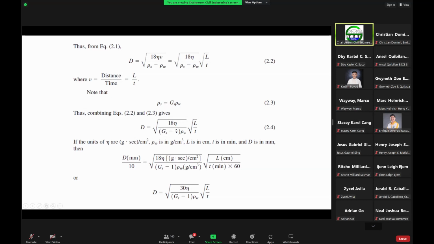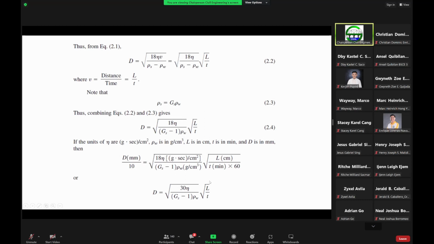Then, expressing these terms with respect to these units, we can now have this formula for the diameter of the particles.